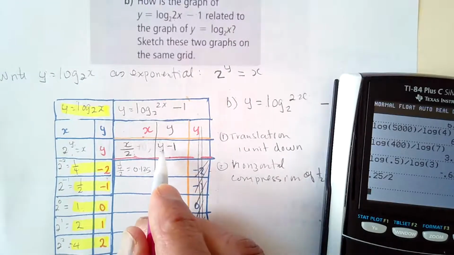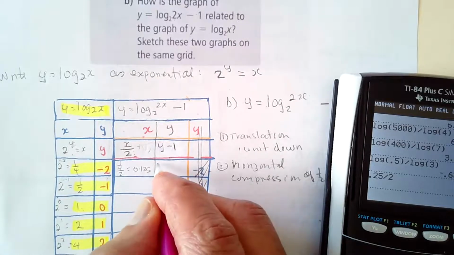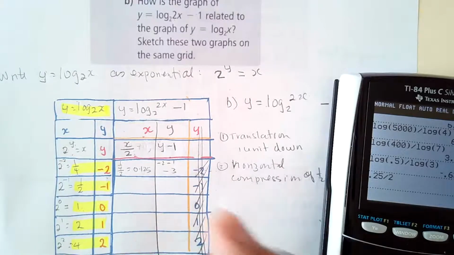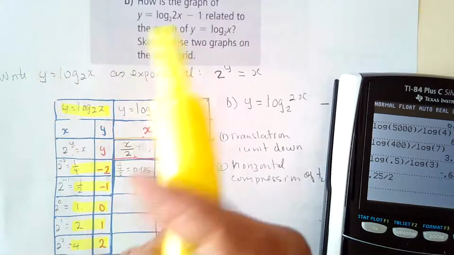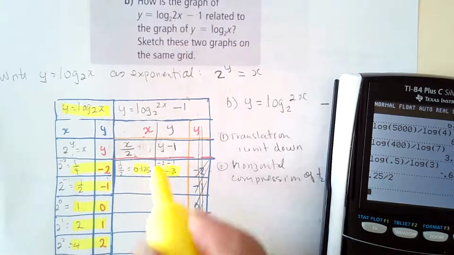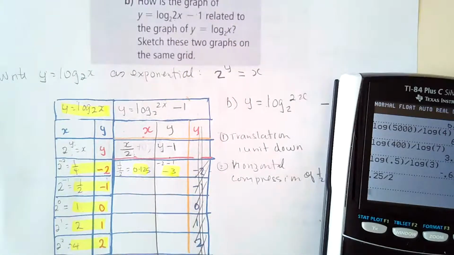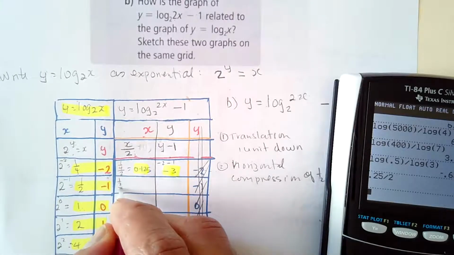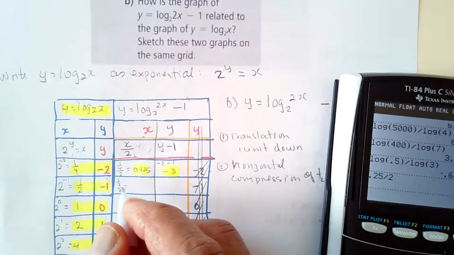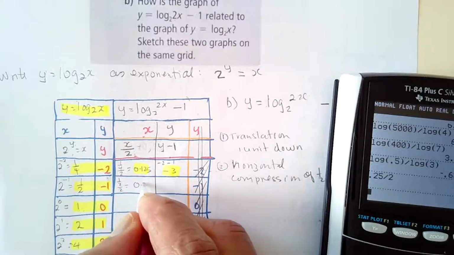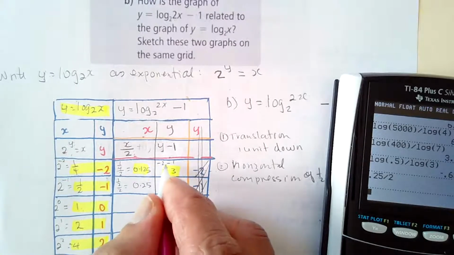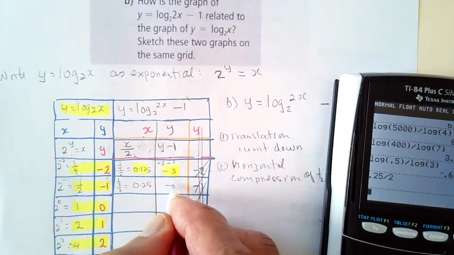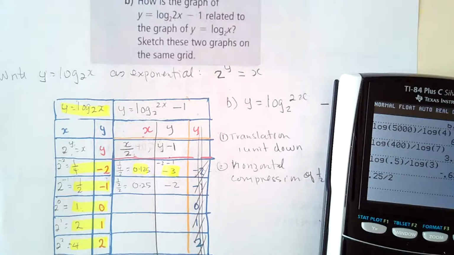The y now will be -2 minus 1, which gives me -3. So that's my first coordinate point. And continue the trend. We have half divided by 2, and that will give me 0.25. And so -1 minus 1 gives me -2. That's my next coordinate point.